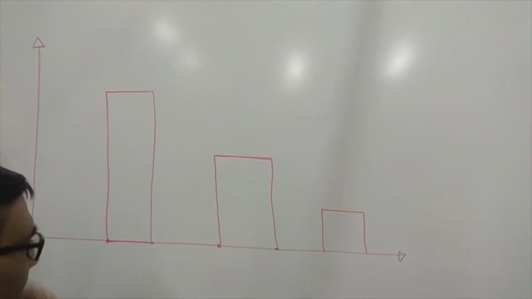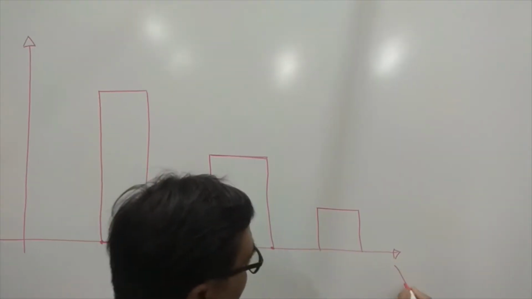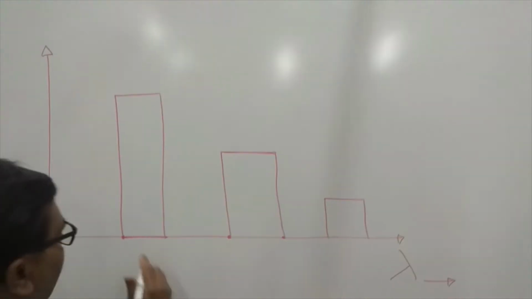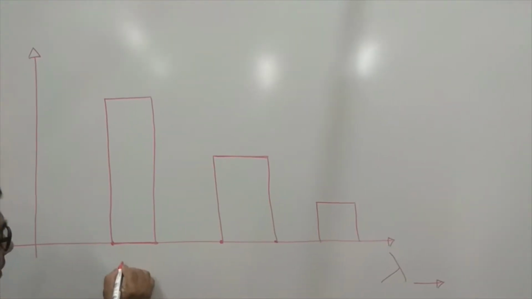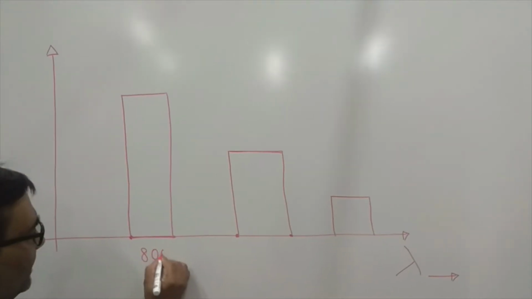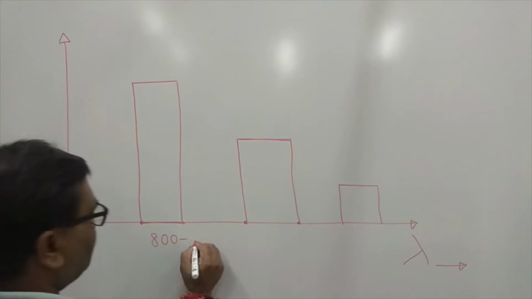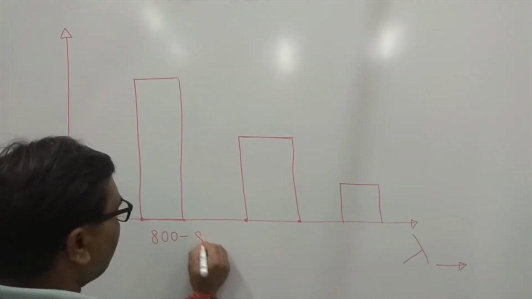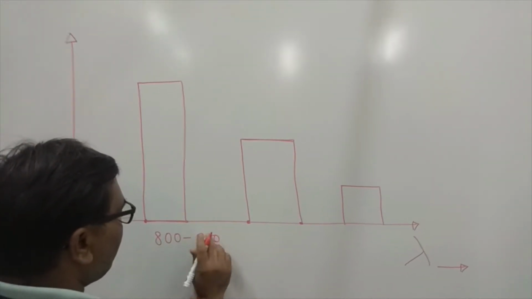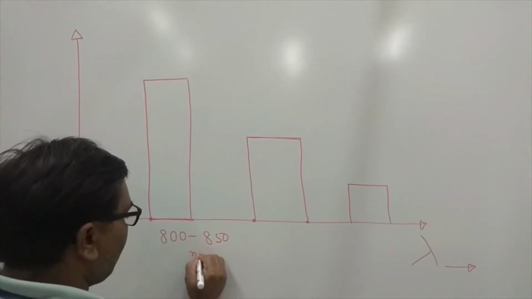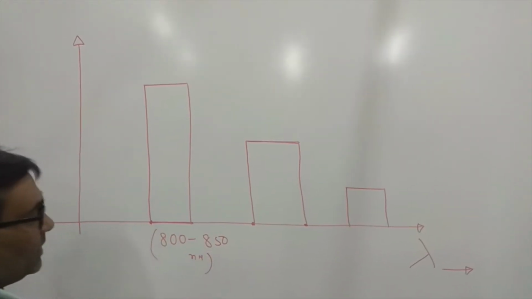Right? Now this is the wavelength. Window is based on wavelength. First window lies between 800 to 850 nanometer, right?